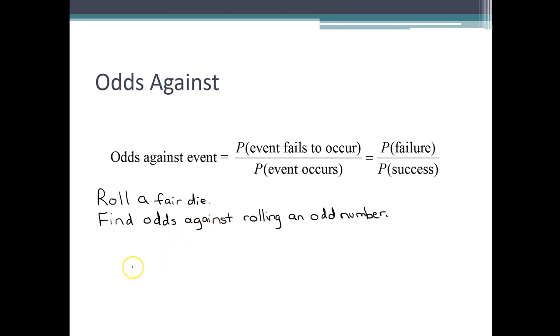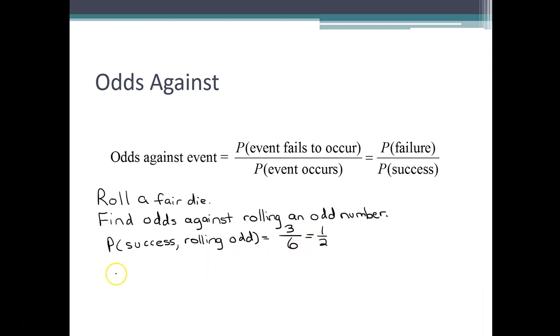So the probability of rolling an odd number, probability of success: you could roll a 1, a 3, or a 5. So you have 3 desirable outcomes out of 6 total possible outcomes. And that reduces to 1/2.